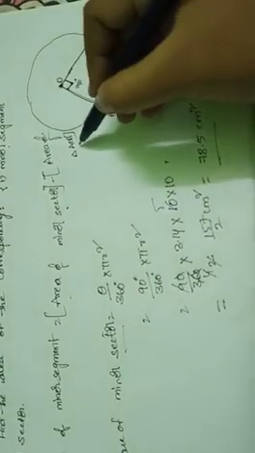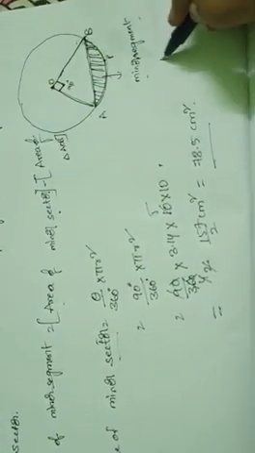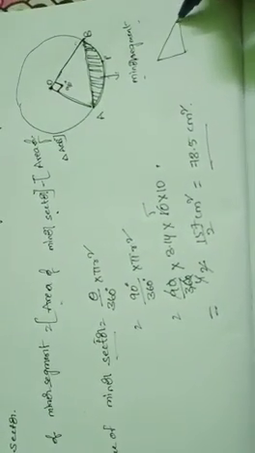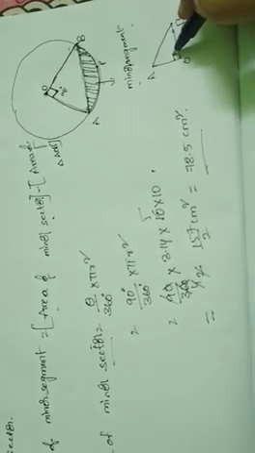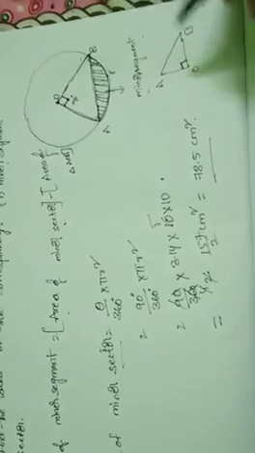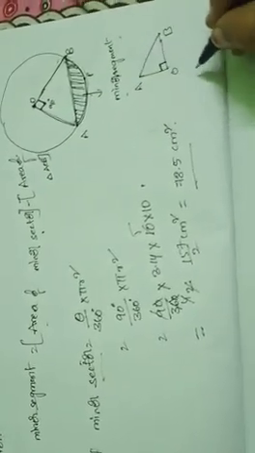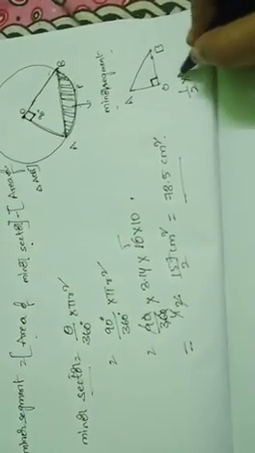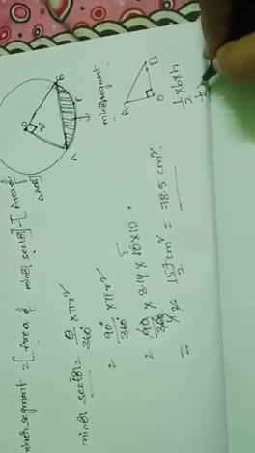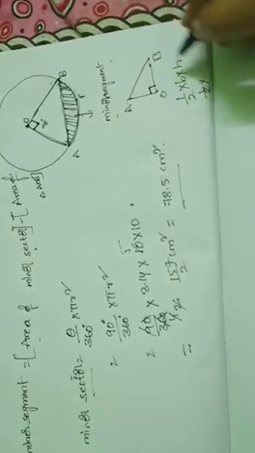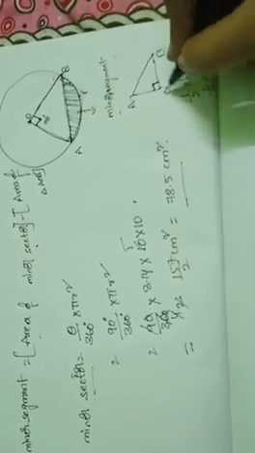What is the area of triangle AOB? See this triangle AOB, right angle at O. What is the area formula? Half into base into height. Here height is AO, base is OB.